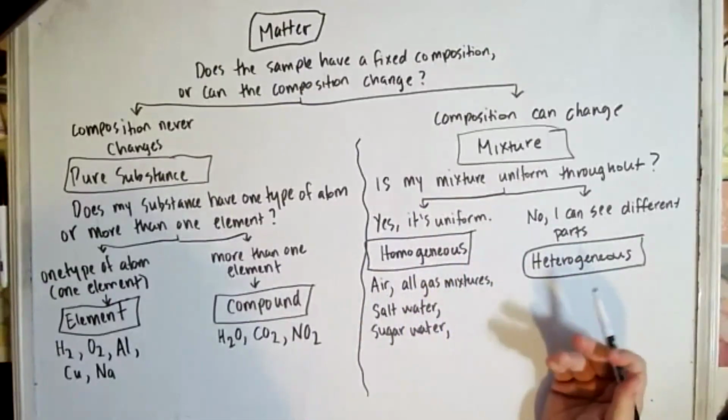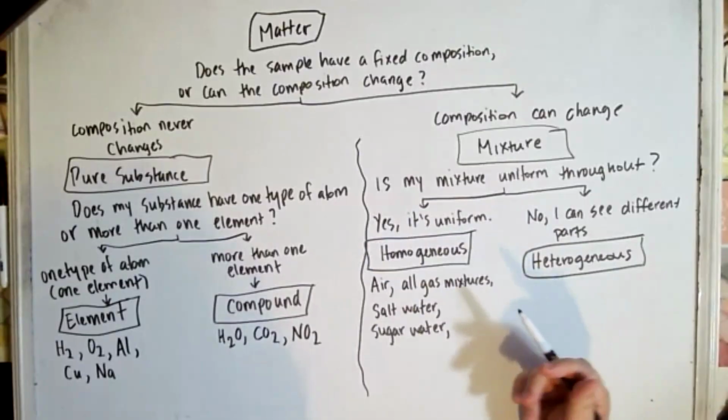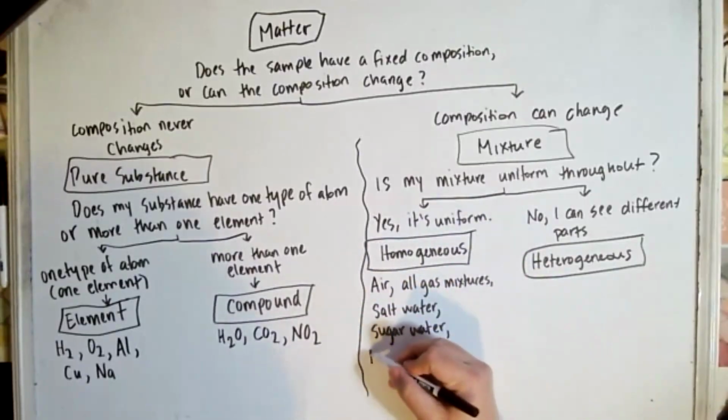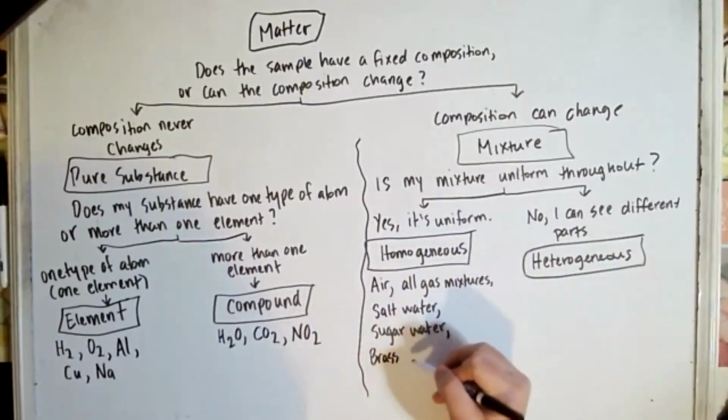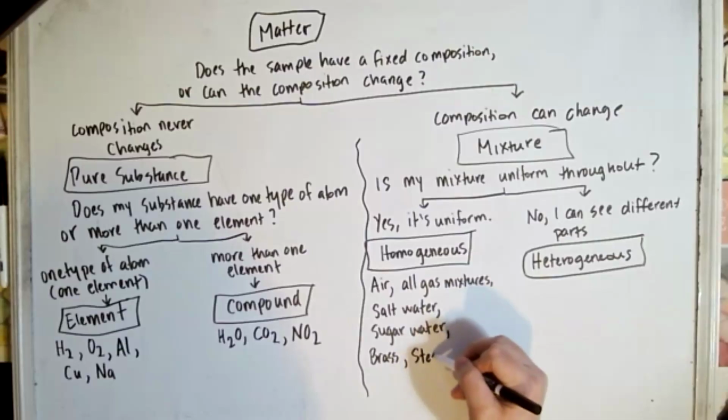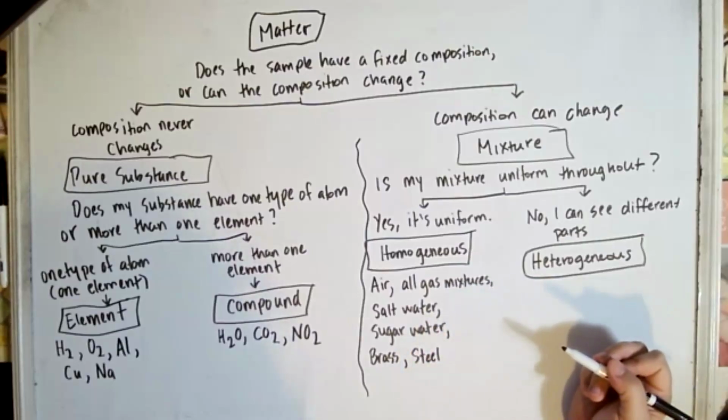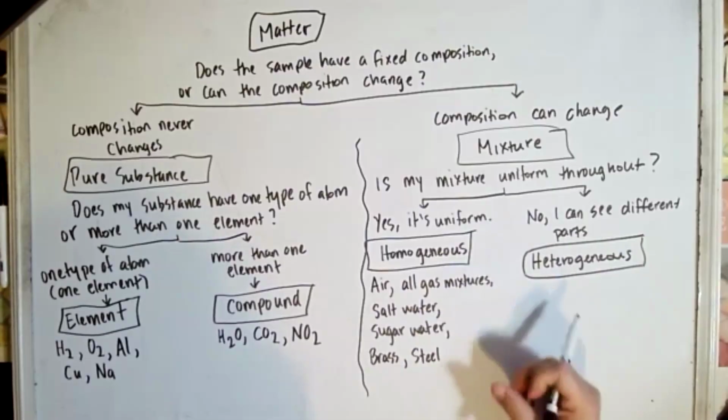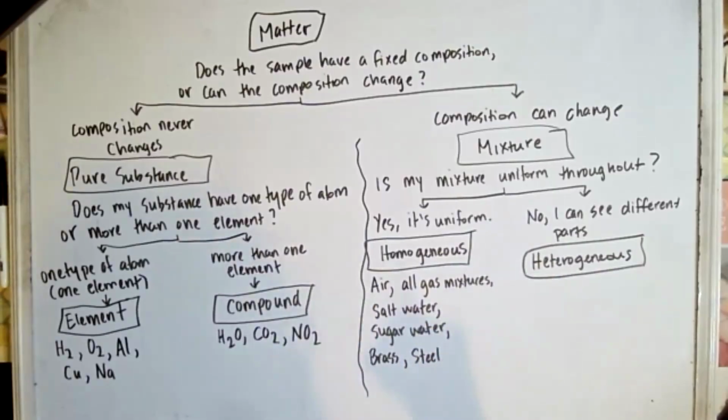Anything that looks like it's one substance would be a homogeneous mixture. Our alloys, like they mentioned, brass, steel, they're solid, but they still look like just one substance. But it's a mixture of different things that are in there.